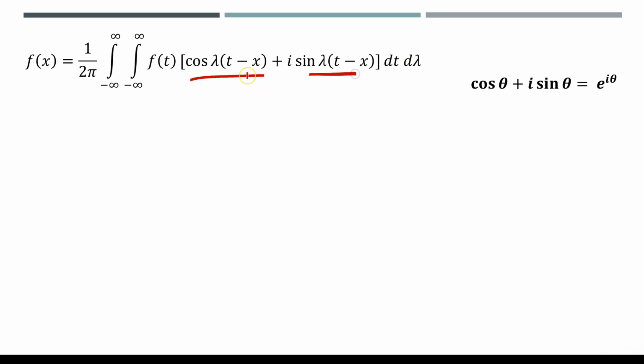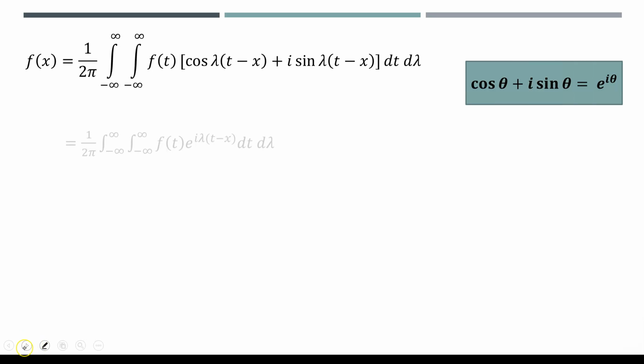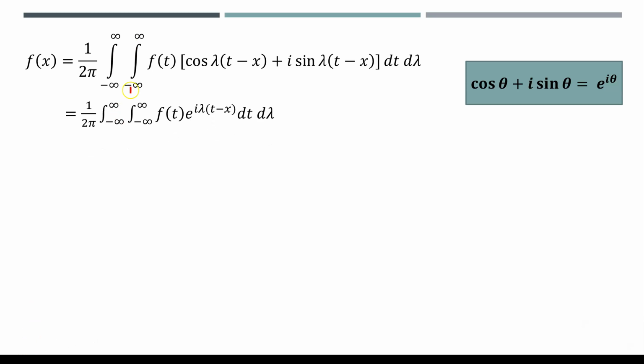Now here we apply this formula: cos theta plus I sin theta equals e power I theta. If you observe this, in the place of theta here it is lambda into t minus x. So we can write this cos plus I sin term, using Euler's formula, as 1 by 2 pi integral minus infinity to infinity, integral minus infinity to infinity f of t.